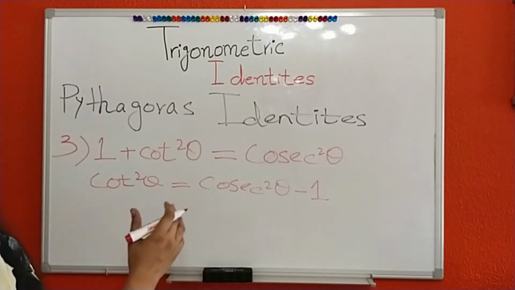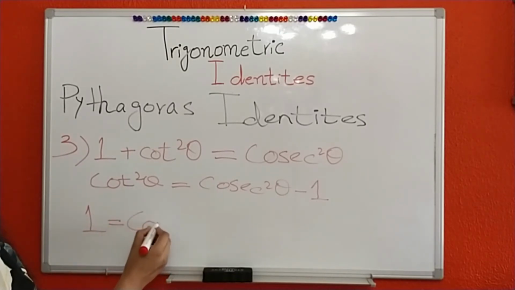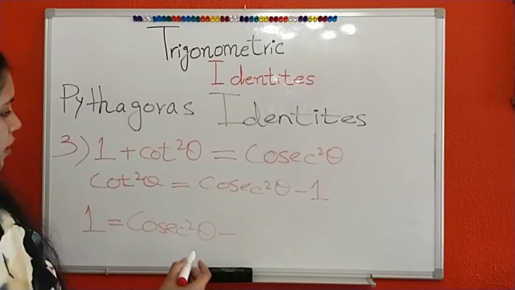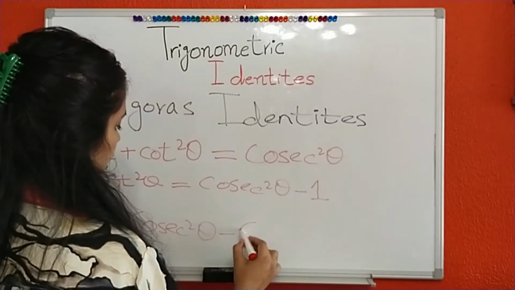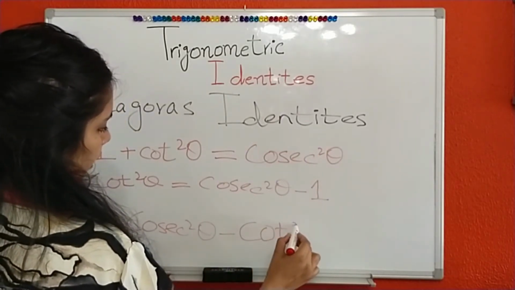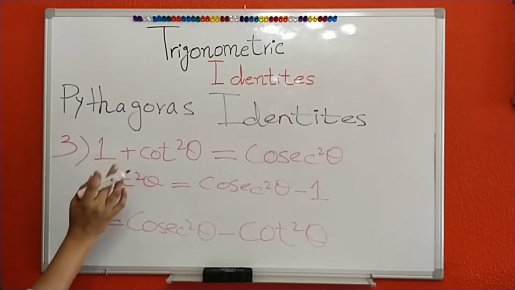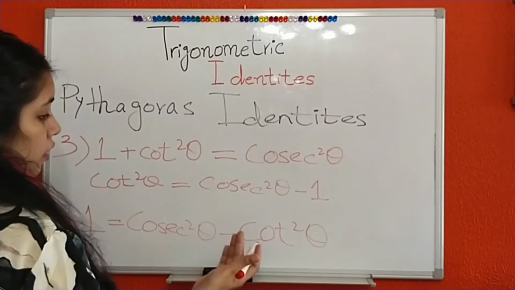Similarly, we can generate another formula from this, which is 1 is equal to cosecant² minus, now I want to shift this on the right side, so cot². As it has positive sign here, whenever anything shifts on the other side, the sign will change.